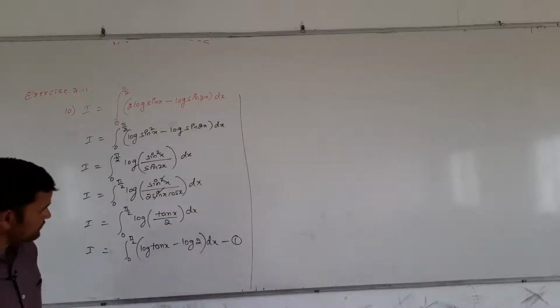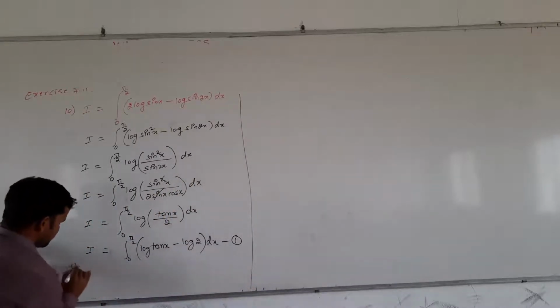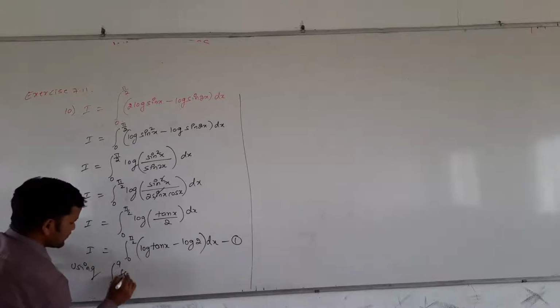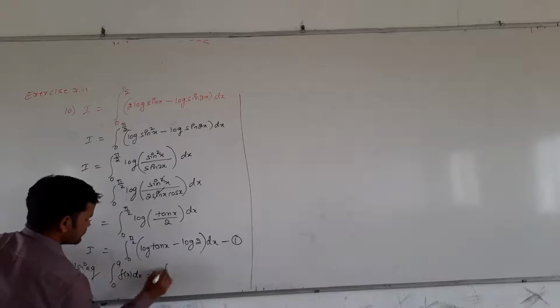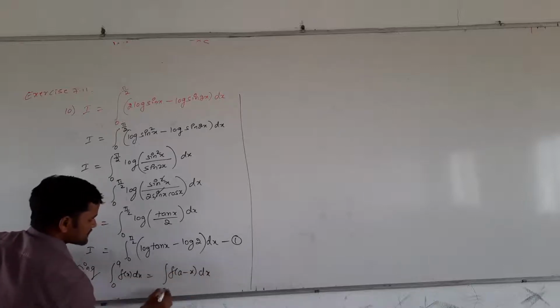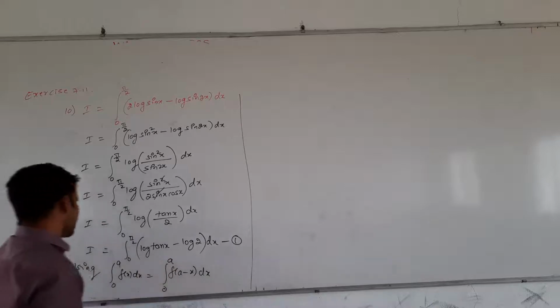Next, what to do? Using the property that the integral from 0 to a of f of x into dx is equal to the integral of f of a minus x with respect to x from 0 to a. This property I am using.